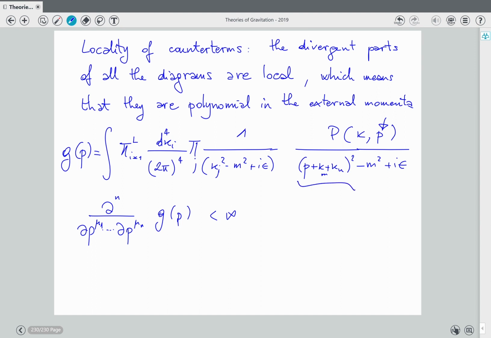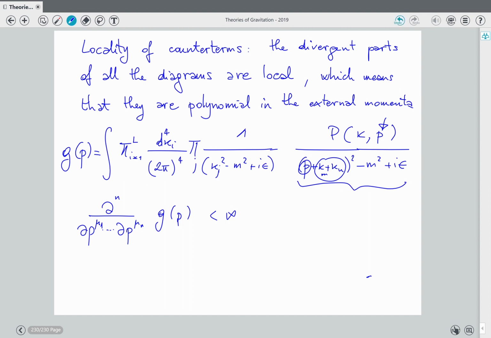But anytime you act instead on the denominator, you lower the degree of divergence, because you raise the powers of k in the denominator. By differentiating on p, you raise the powers of k in the denominator, because you have p plus k.